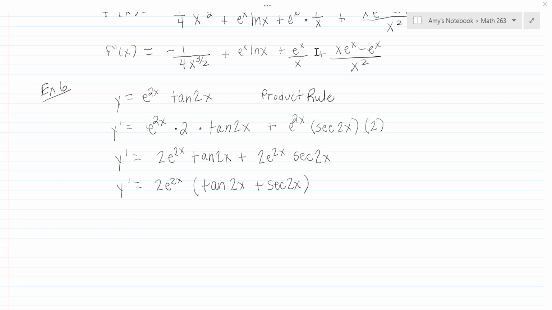All right. I am getting ready to start the integration now of exponentials and logarithmic functions. So our first example here, this is where we're switching from derivatives to integration.